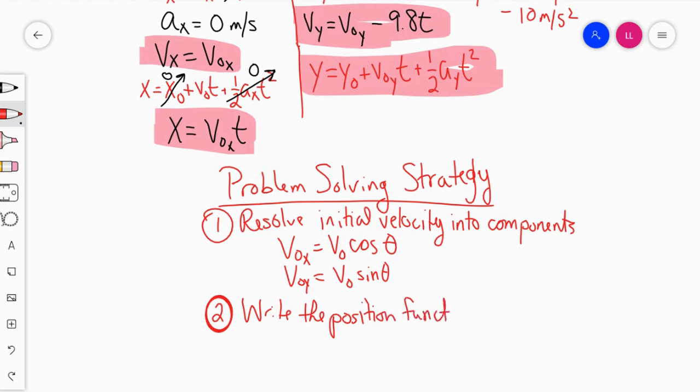Okay, when you write the position functions, you are now setting yourself up to be able to solve for anything you're looking for. Okay, so the position functions are x equals v0xt, and then you have this quadratic, right? These are the 2 position functions. Okay, so kind of like what I did above where I wrote the equations, you can split your page into a horizontal side and a vertical side.